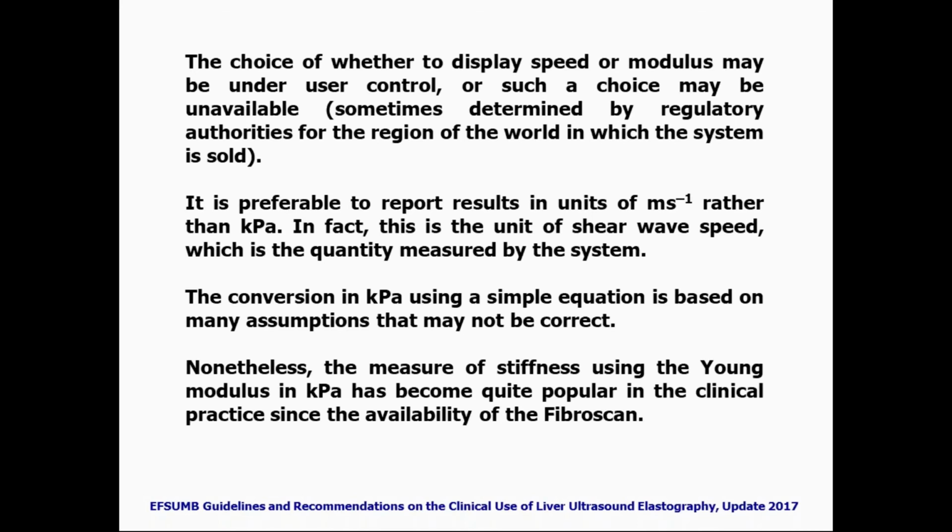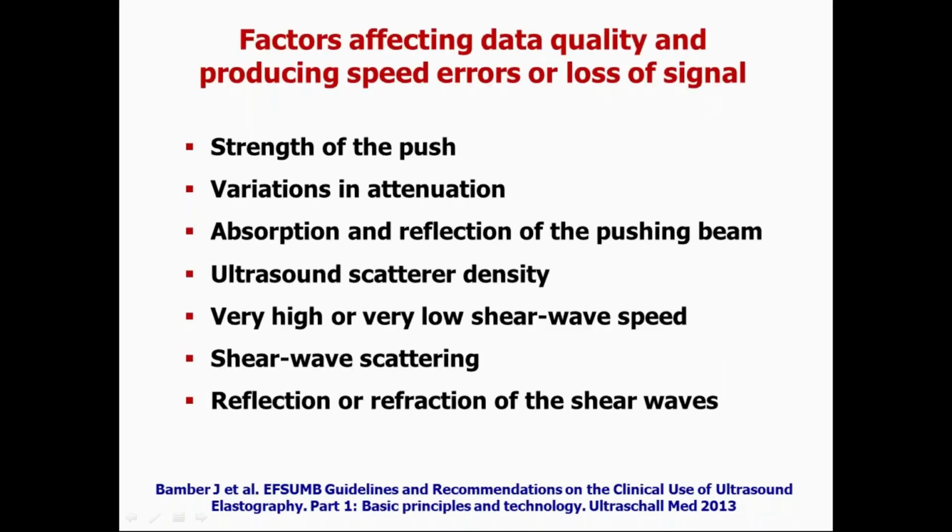However, the measure of stiffness using the Young modulus in kilopascal has become quite popular in clinical practice since the availability of the FibroScan, and it is used in most parts of the world.